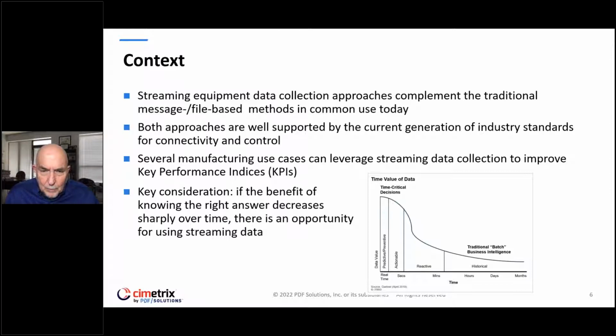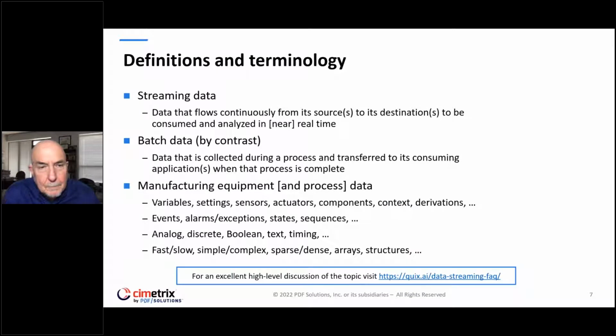And in the cases where you've got high value of quick data and answers, then you're in the predictive, preventive mode, doing actionable things with that data. As our industry has been moving from reactionary to predictive in the last 5 to 7 years, this has become more and more important. So that's the context for this.